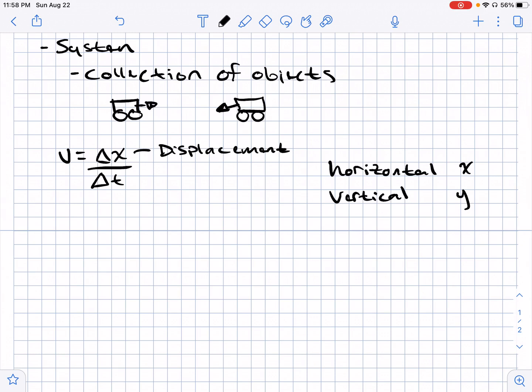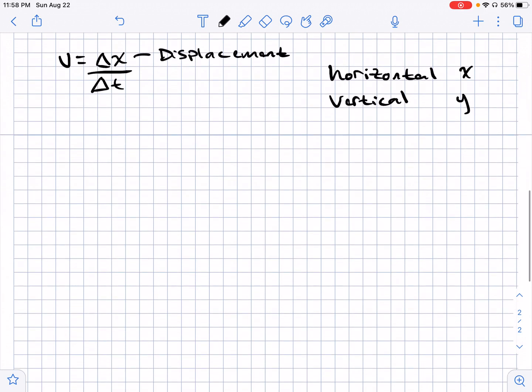And how an object moves, the motion of that object, really depends on the observer.